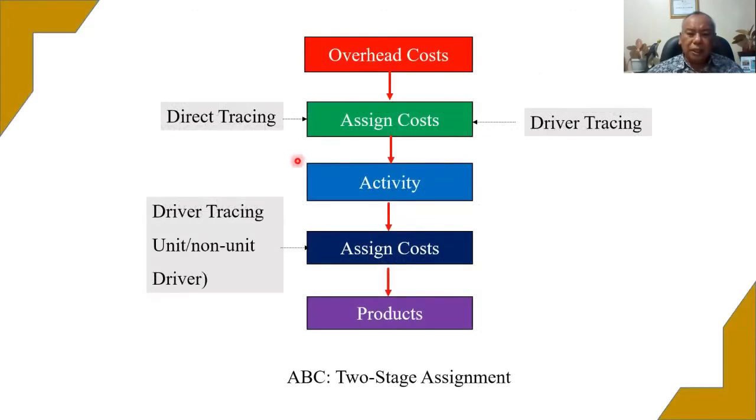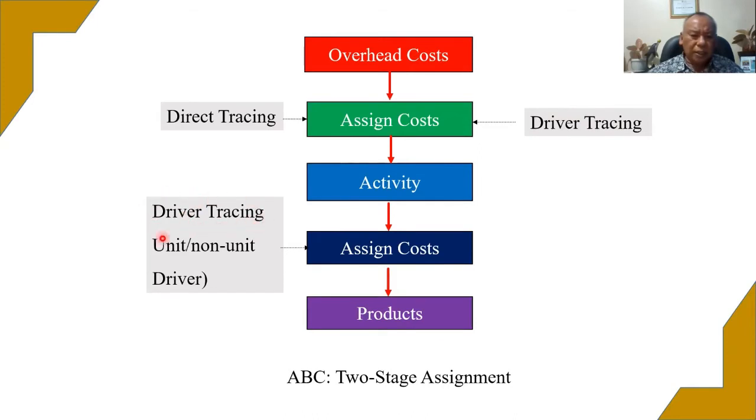So this is actually the two stages of assignment of activity-based costing. The factory overhead costs are assigned to activity, and we are using direct tracing or driver tracing. Actually, driver tracing in this case means resource drivers. And then the cost of activity we assign to product, using driver tracing.